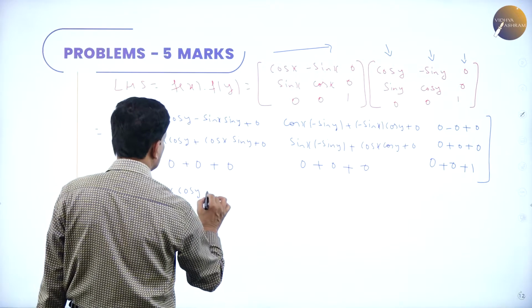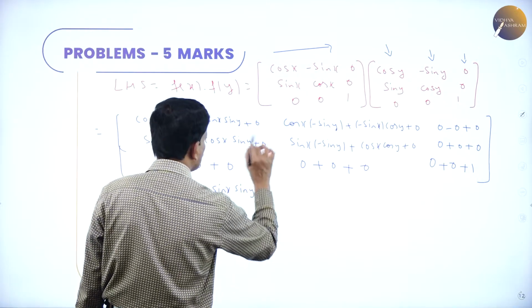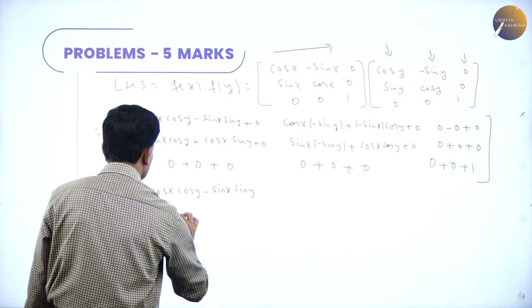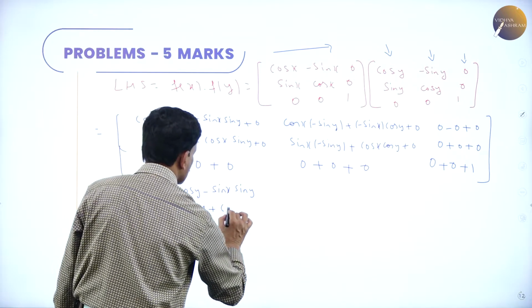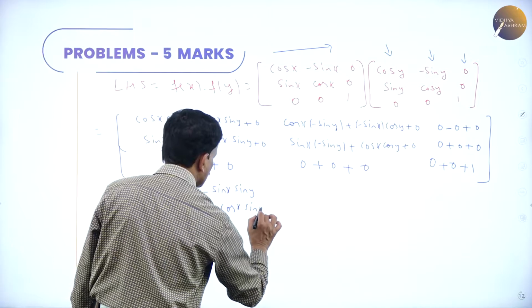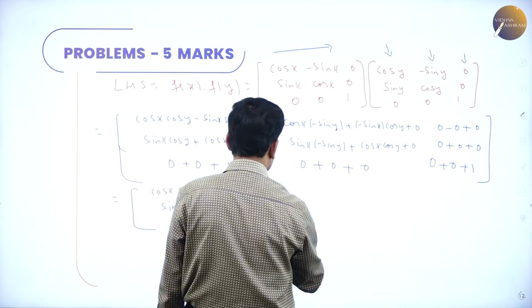Now this can be written as: cos x cos y minus sin x sin y plus 0 as it is. This is sin x cos y plus cos x sin y, and this is 0 as it is. Now here you can take the negative common factor.